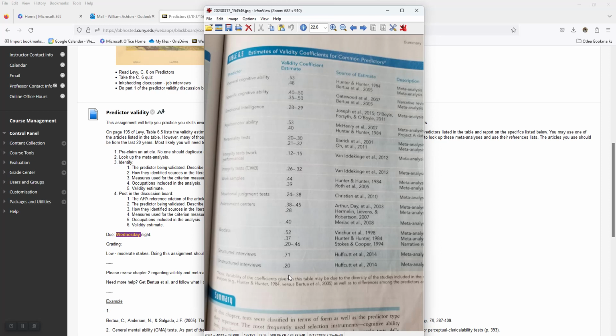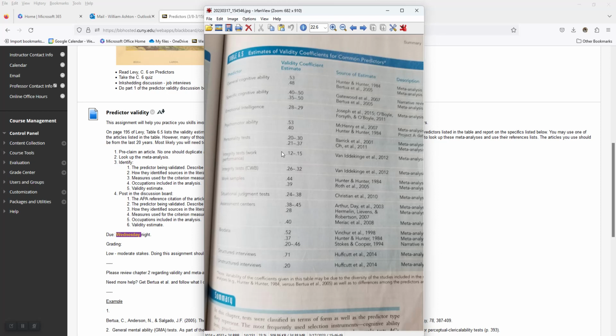That's amazing, because this table is telling us what tests we should use and what tests we should avoid in terms of hiring people. That's one of the powers of IO psychology.